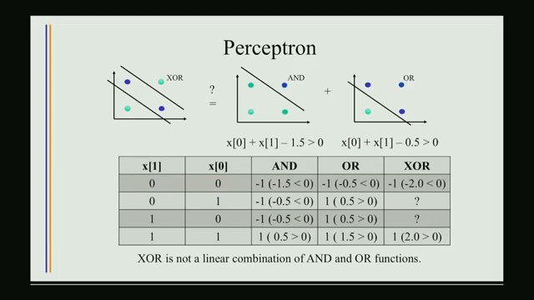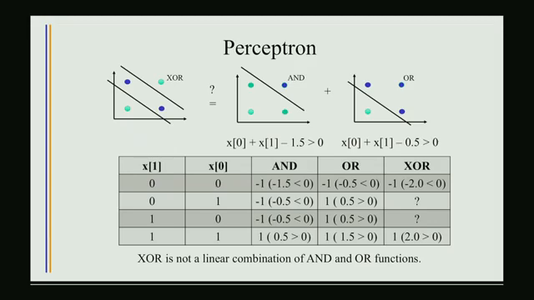Basically, what I'm trying to do is see if I can put a weight, right? These are the weights on x0 and x1 in such a way that I get this to work. I can do an AND function. The AND function is just x0 plus x1 minus 1.5 greater than 0.